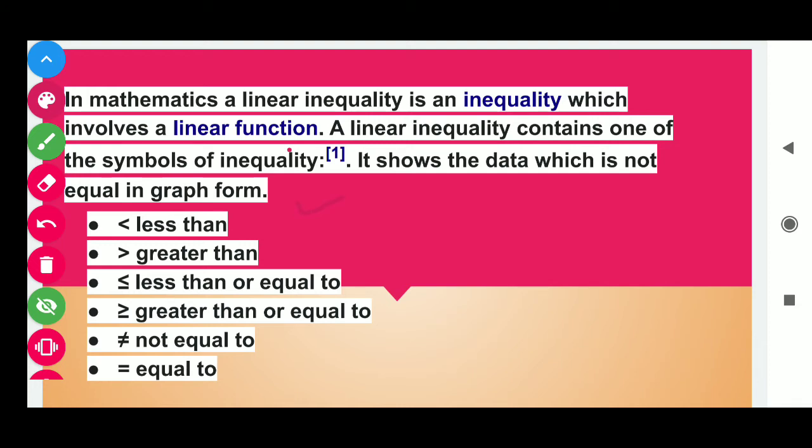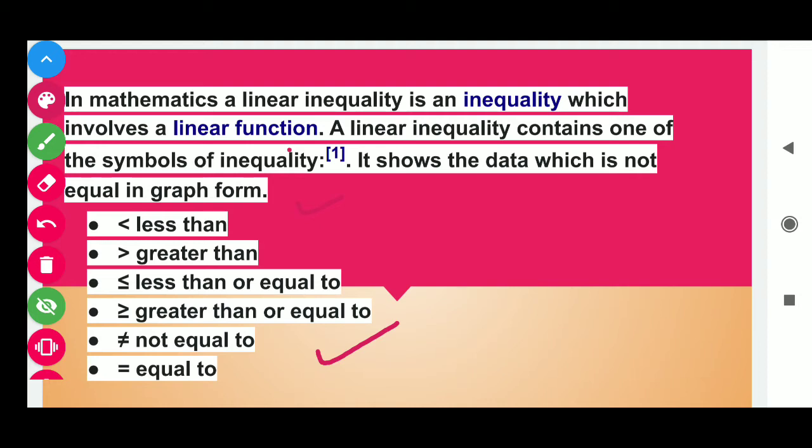Students, you can see here what a linear inequality is: an inequality which involves a linear function, and it contains one of the symbols of inequality that I have mentioned below, and it shows the data which is not equal in graph form.